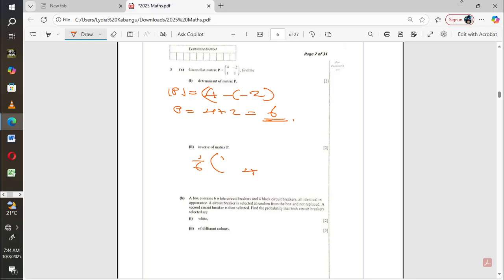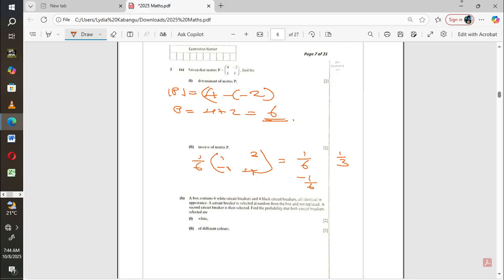So negative 2 becomes just 2, and the 1 becomes negative 1. Then we can multiply. 1 over 6 times 1 is 1 over 6. 1 over 6 times 2, we divide by 2 and get 1 over 3. Then we have negative 1 over 6.